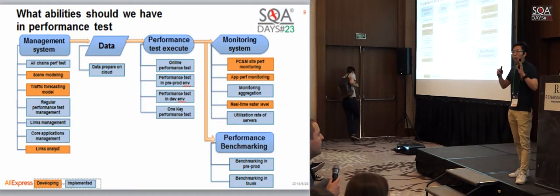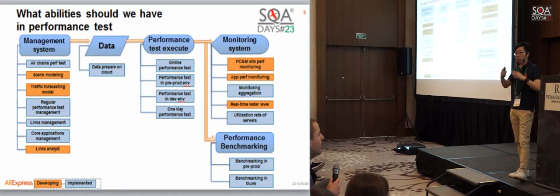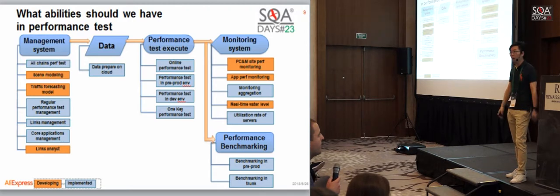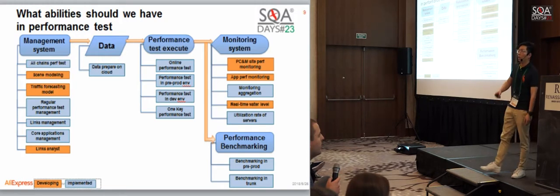We will dispatch our scripts and the prepared data to our CDN servers, so the CDN servers can simulate the requests from our customers to do the performance test. Every CDN server can handle about 120,000 QPS.